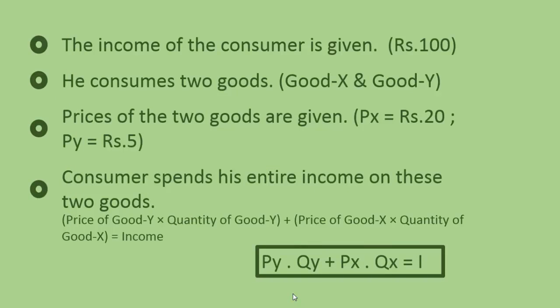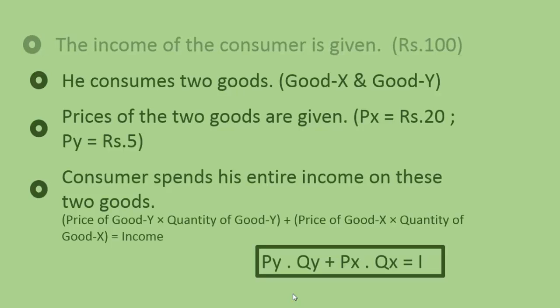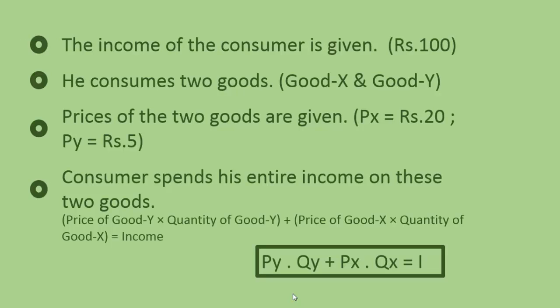In drawing the price line, we have to make a few assumptions. They are: the income of the consumer is given. It is 100 rupees.